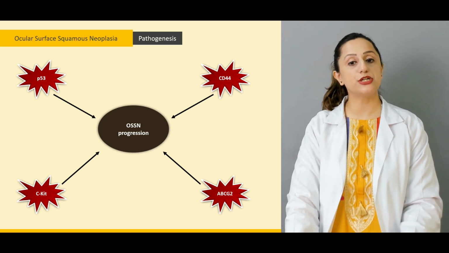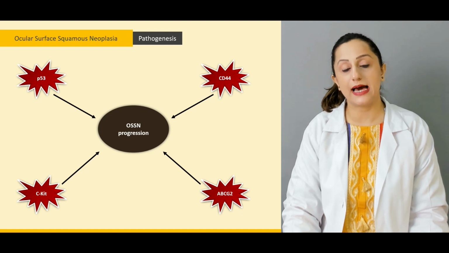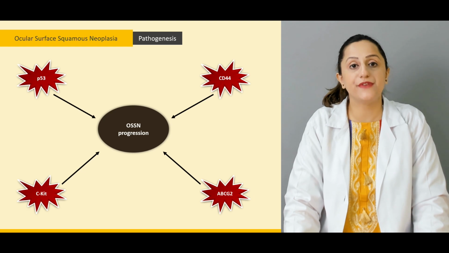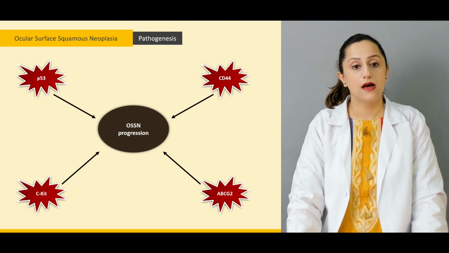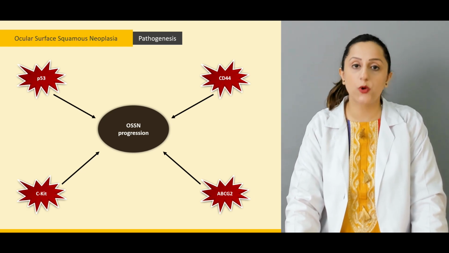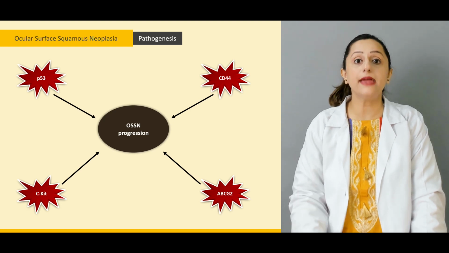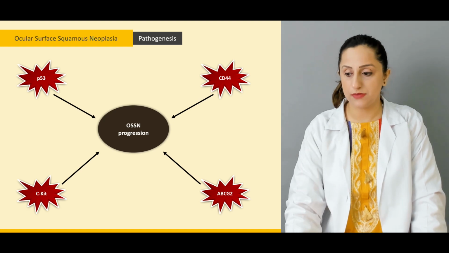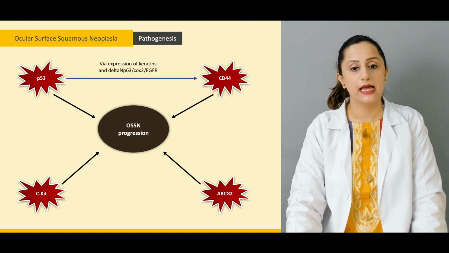So these are the particular mutational changes at the genetic level that can give way to the development of these ocular surface squamous neoplasias. These are a kind of squamous cell carcinoma that can arise in the conjunctiva of the individual.